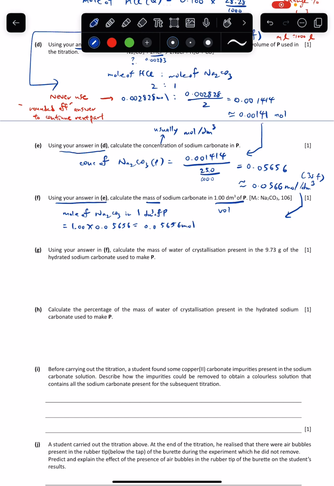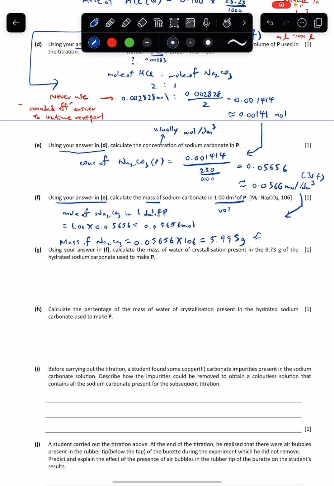They want mass, right? So convert. 0.05656 times the molar mass gives 5.995 gram. Oh, is that the answer?